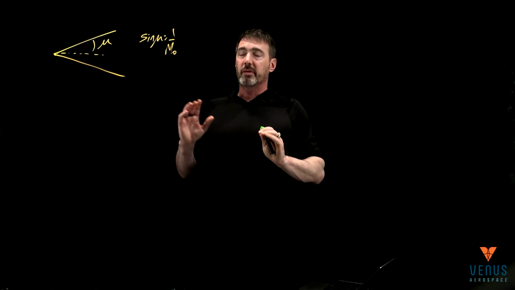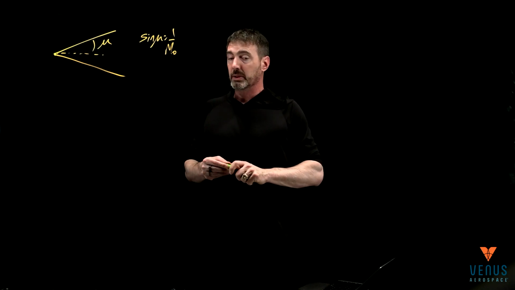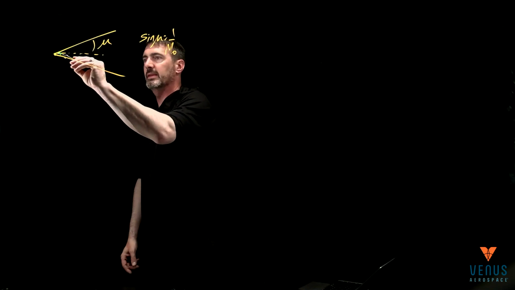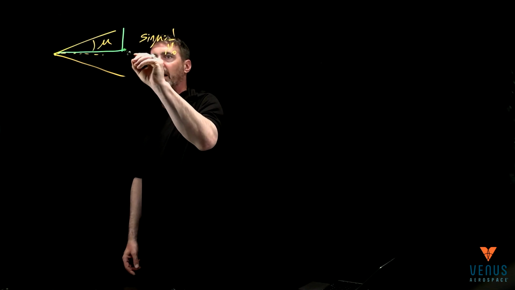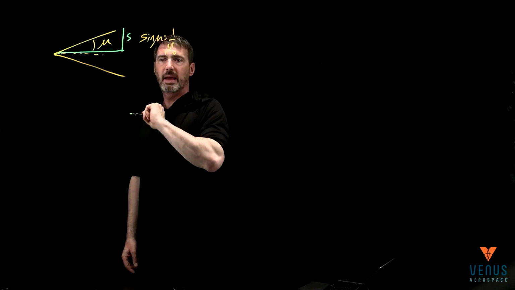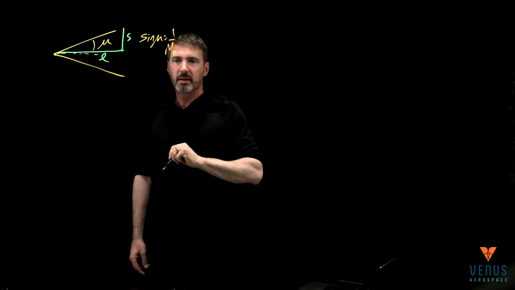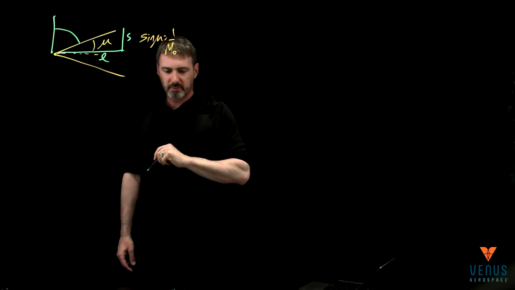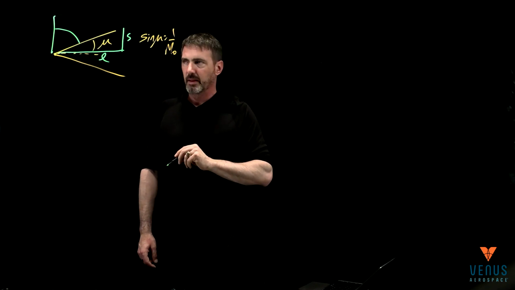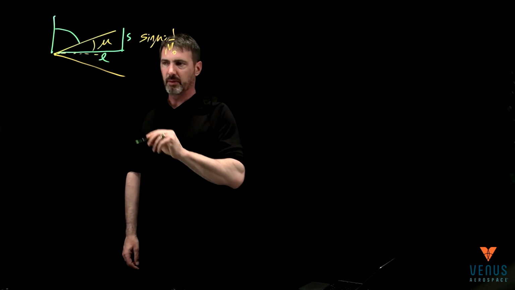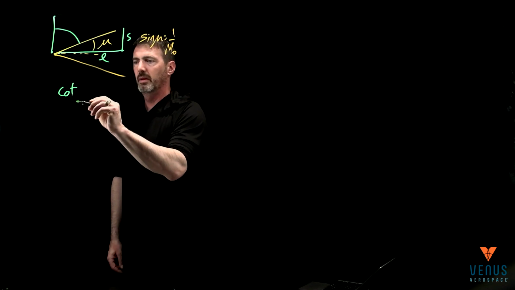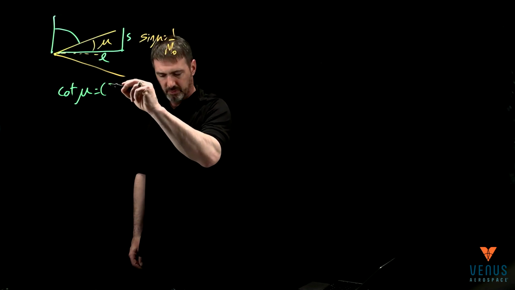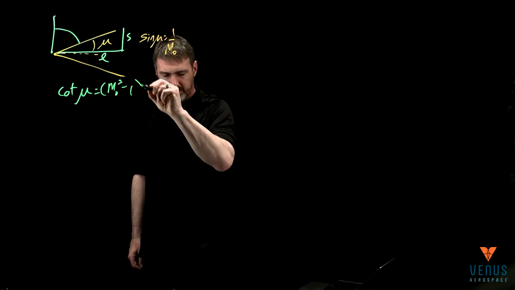I'm not about to draw a flow over a wedge, but just imagine you had some vehicle that is sitting here, and this vehicle had span S and length L, and this angle, okay, if we wanted to then write that, it would be cotangent of mu, and that's equal to the square root of Mach squared minus 1.